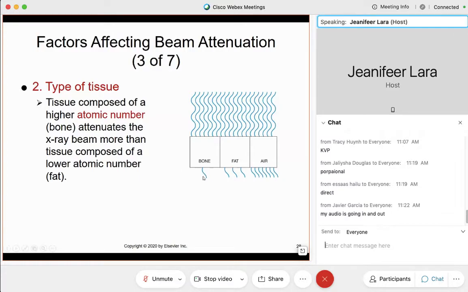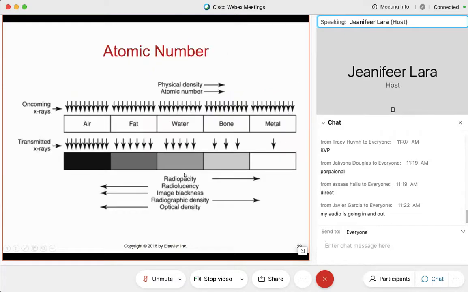So more X-rays are reaching the image receptor around the air than there is bone, indicating there's more beam attenuation. So don't lose focus on what beam attenuation is. Got it? Please remember the definitions. Key terms are going to be huge for your final exam.